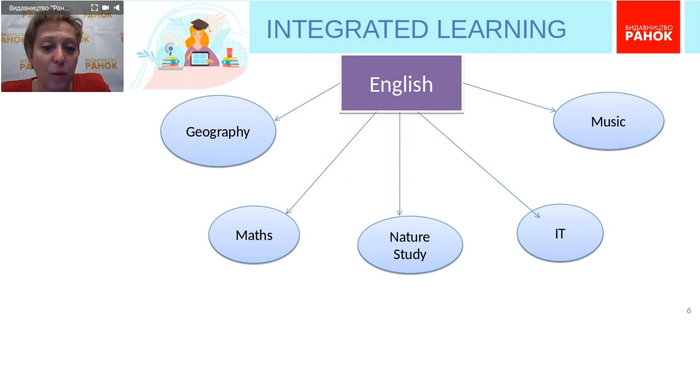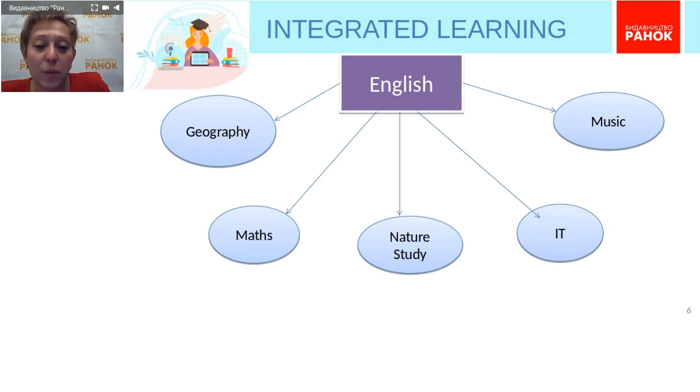It's really a problem, especially for primary learners, to understand the difference between Great Britain and the United States of America. And sometimes we need to show the maps several times or even several years for them, so that they could understand that these two countries are different. And then we talk about English in Canada, English in Australia and many other countries. So geography is really important for studying English.